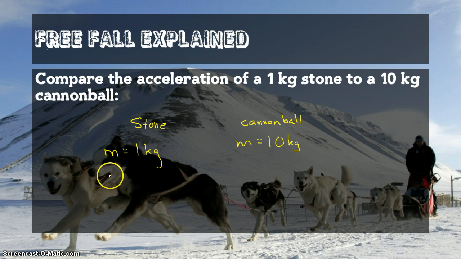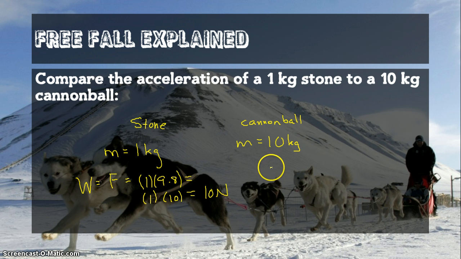This means the weight, or the force due to gravity, is going to be 1 times 9.8, which is, well, let's just round up to 10 here. 1 times 10, which is saying it weighs 10 newtons. How much does a cannonball weigh? Well, the weight is going to equal 10 times 10, or 100 newtons.